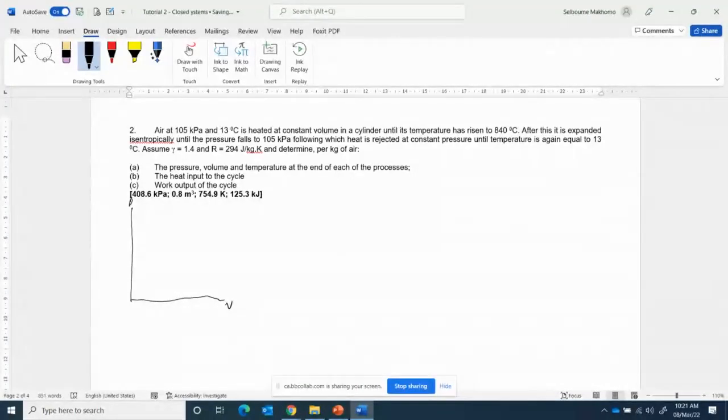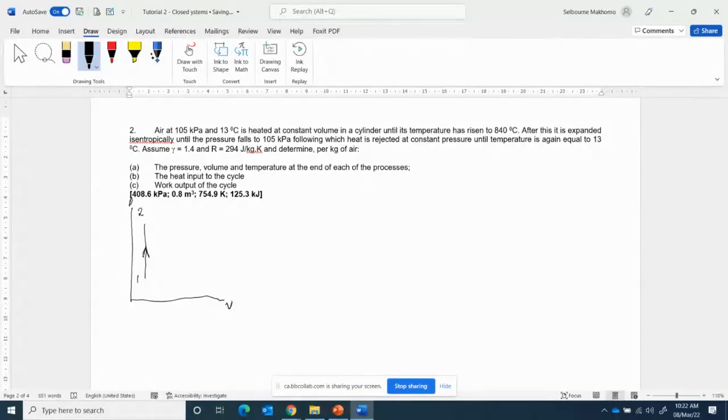PV. So the first process is a constant volume process. Heat is added at constant volume, which means we have 1 and then we have 2. And then here is an arrow to show that heat is added. But if heat was rejected, the arrow would be facing down. So the air is heated at constant volume in a cylinder until the temperature has risen to 840.